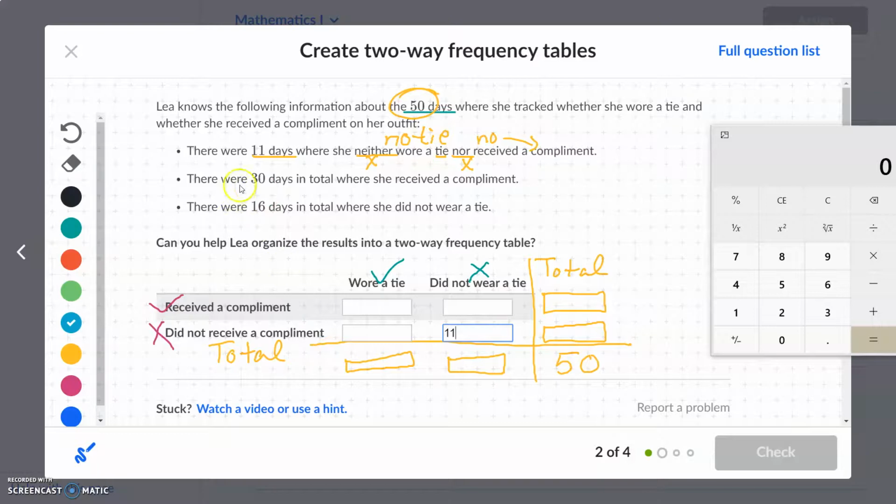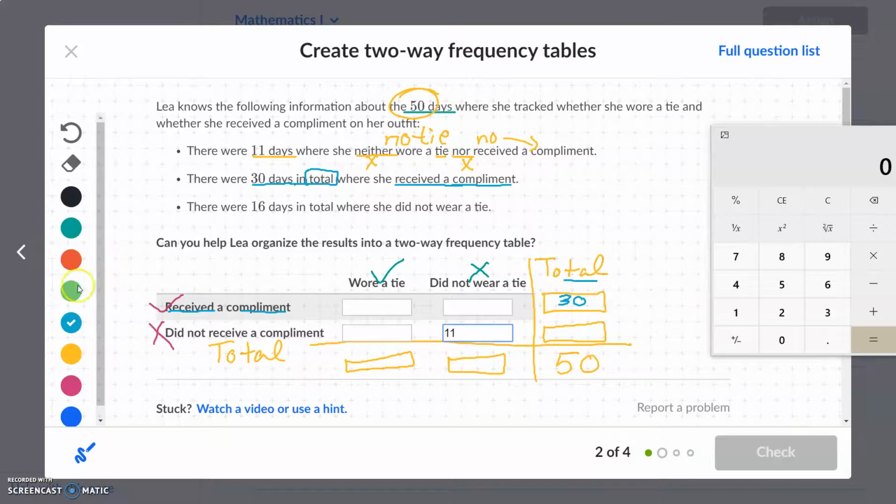Okay, next one. There were 30 days in total where she received a compliment. So the total for receiving a compliment is going to be 30.